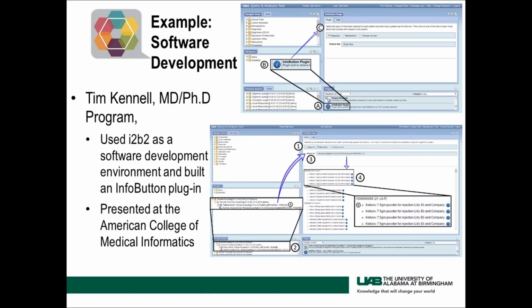And this is an example of an MD PhD student who built a plugin to i2b2 to integrate with external resources, specifically to integrate info buttons and get additional information, including sending context of what kind of patient is this, and getting information back into i2b2 to describe, to provide additional data from external resources.